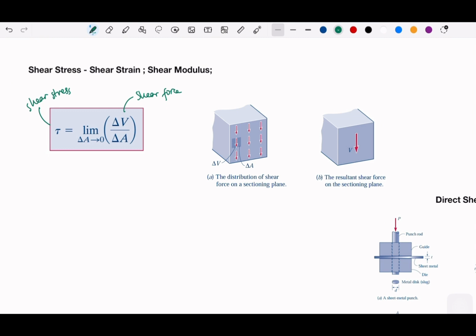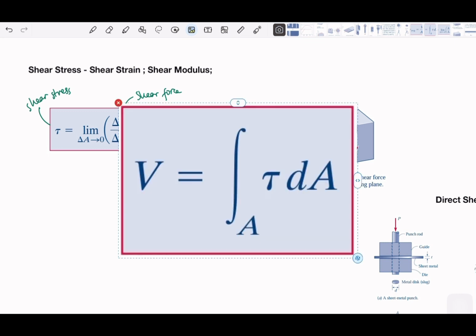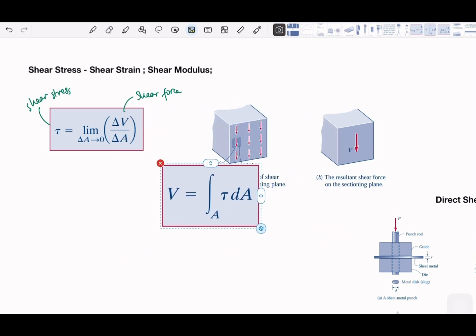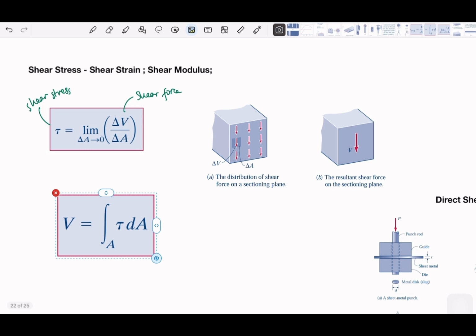And then from the limit, we get the idea of differential and integration of the shear. So we could write it as an integration of tau dA over the area A.